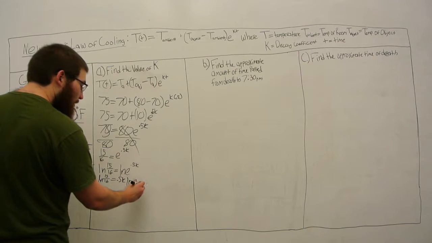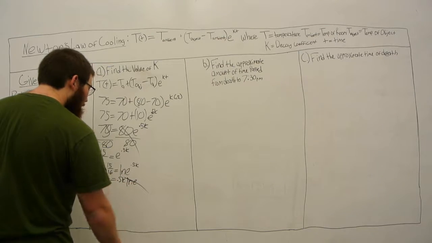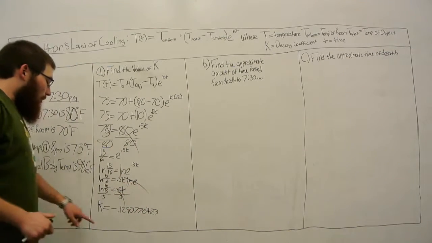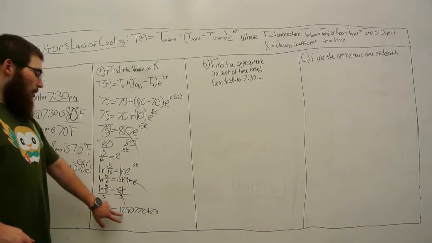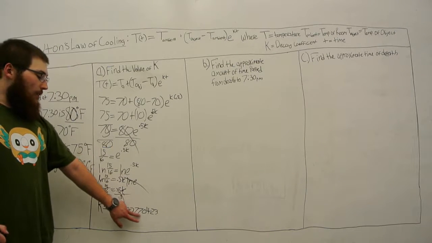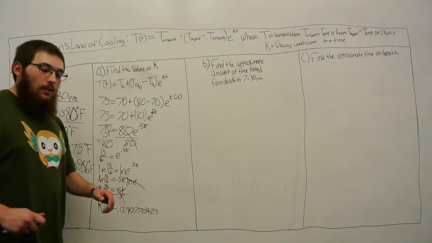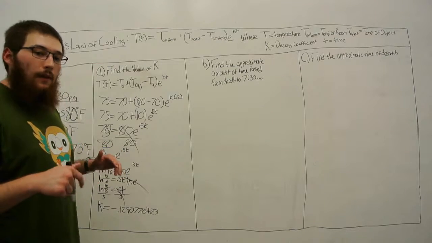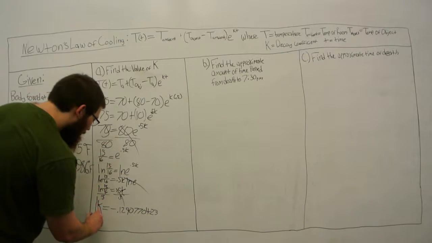So ln of E is equal to 1, so we can cross that out. So this is our decay coefficient, negative 1.290770423. It's important we use the entire number until we have gotten our final answer.